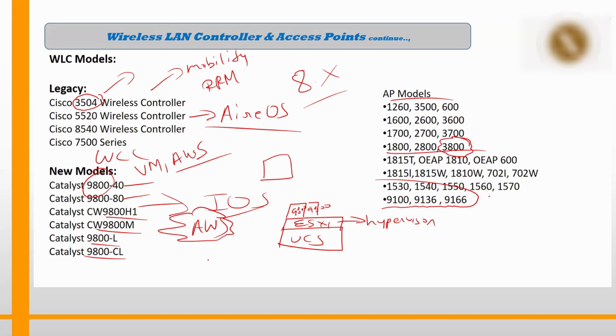The difference is obviously that the 9000 models support Wi-Fi 6, and the 3800 supports Wi-Fi 5. These models will support Wi-Fi 5. So there are two kinds of APs basically: Wave 1 AP and Wave 2 AP.